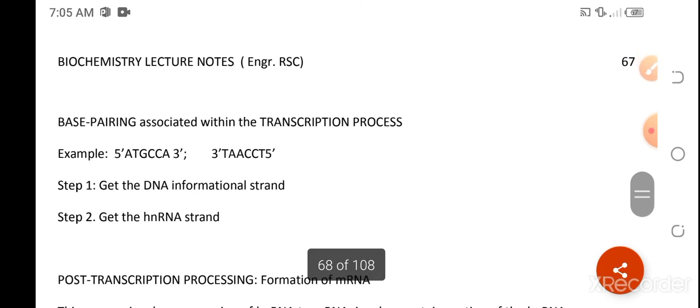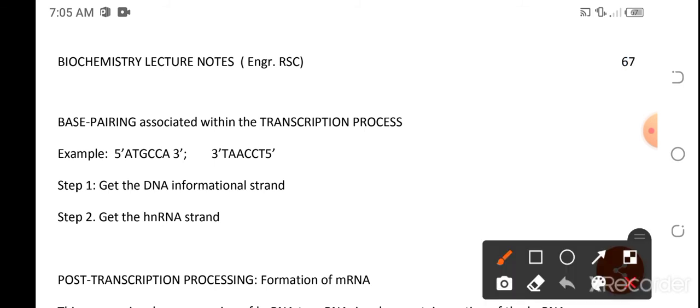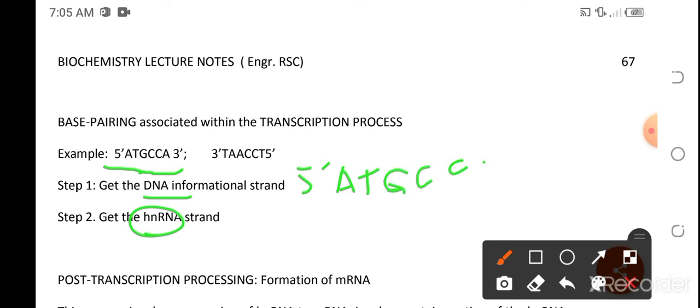Now, let's have this base pairing associated with transcription process. So, if we are given with 5' ATGCCA 3', okay, ano ang maproproduce nating hnRNA strand? So, first we get the DNA strand being exposed. So, we have 5' ATGCCA 3'.